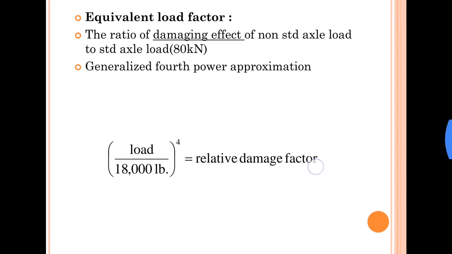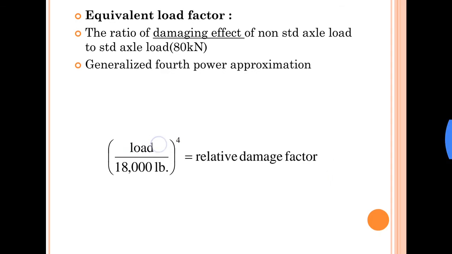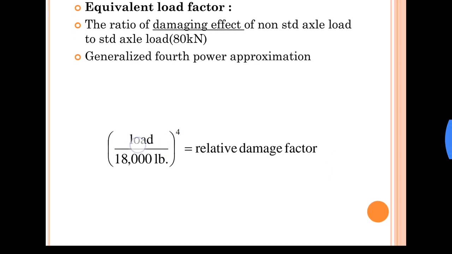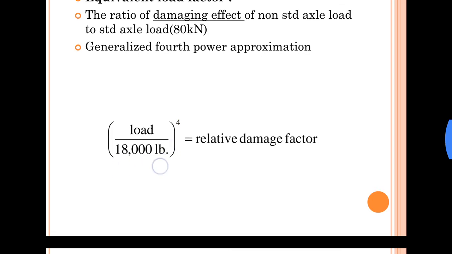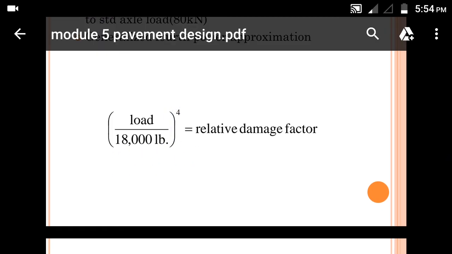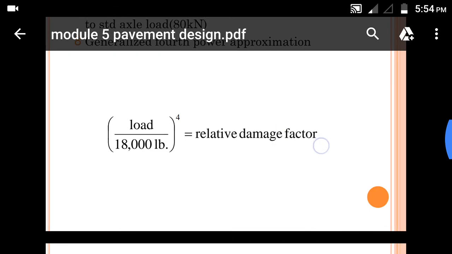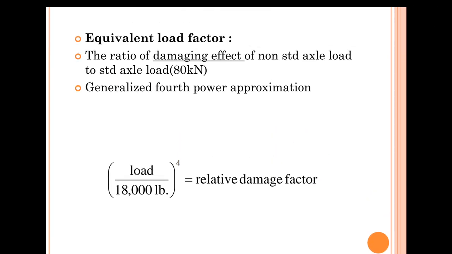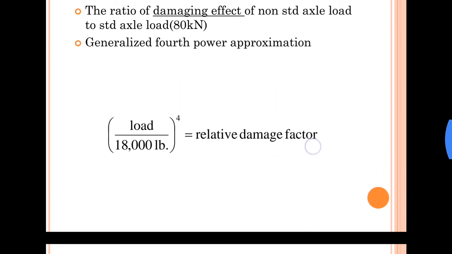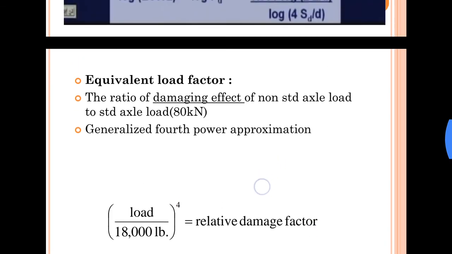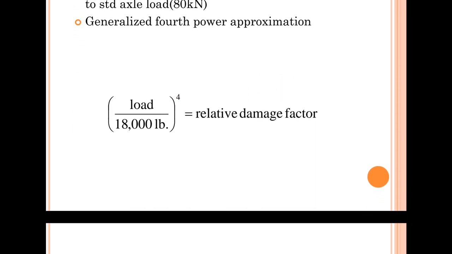So vehicle damage factor is given by the load acting divided by the standard load, whole raised to 4. Now this VDF or relative damage factor is used while designing flexible pavements using IRC methods.